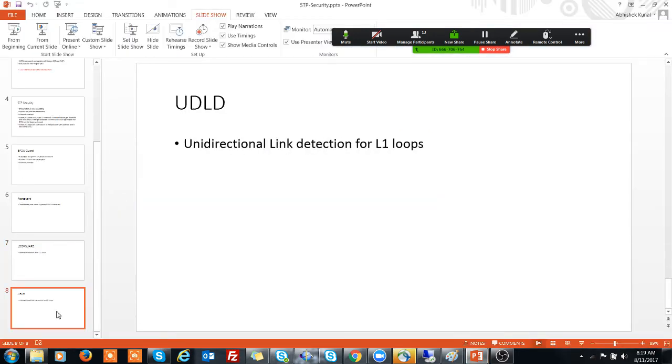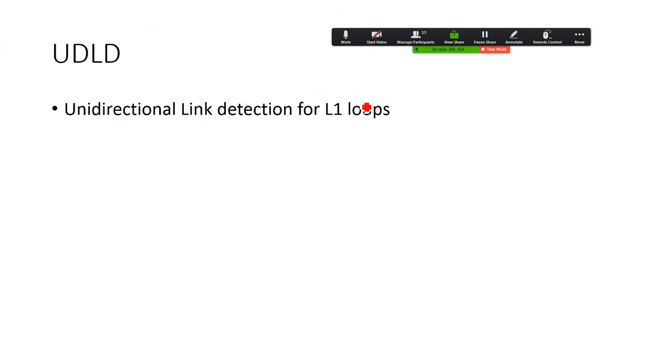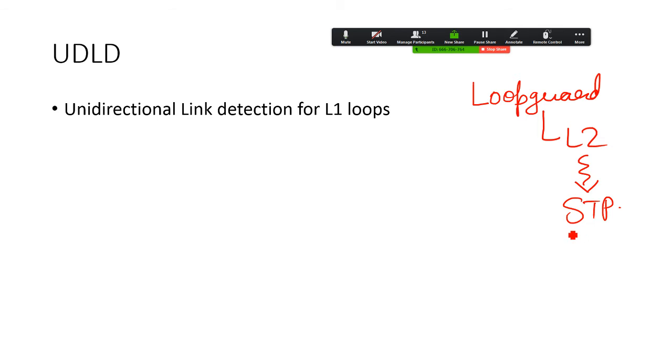Now that brings me to the next topic. The next topic is UDLD. So what is ultimately UDLD? When we talked about loop guard, I was telling you that it was basically for layer 2 loops, because we were taking all sorts of decisions on a spanning tree basis.